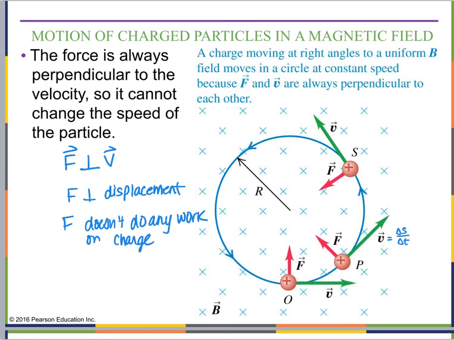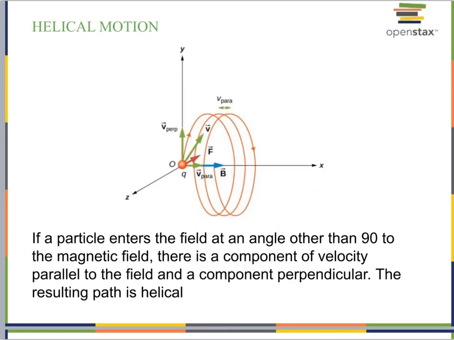Which means that the work done is equal to 0, which is the change in the kinetic energy. And so the kinetic energy of this particle as it goes in a circle is constant, which means that the speed isn't changing. It's one of those interesting things that we don't think much about, but once we see it, it seems pretty clear.